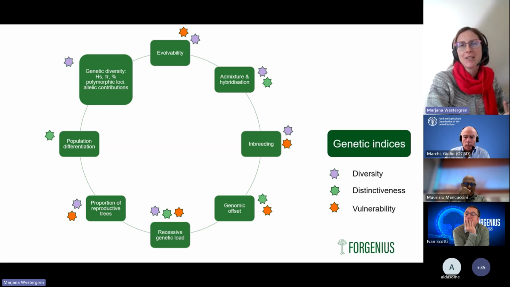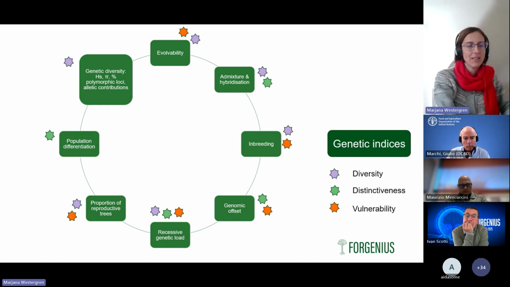Now, some are easier to calculate than others, and also later on in EUGIS, we will not have information for all the species and for all the GCUs for all of these indicators. That again depends on the sampling strategy.